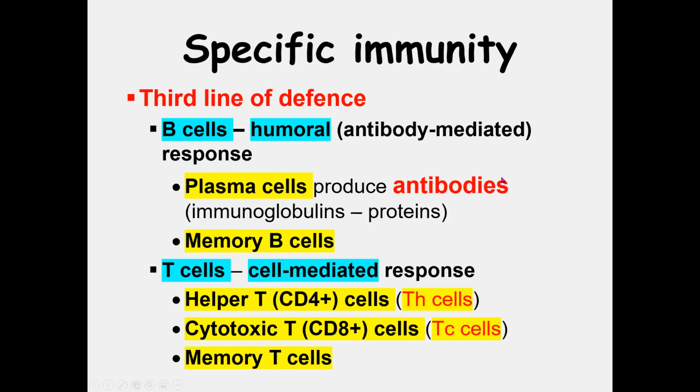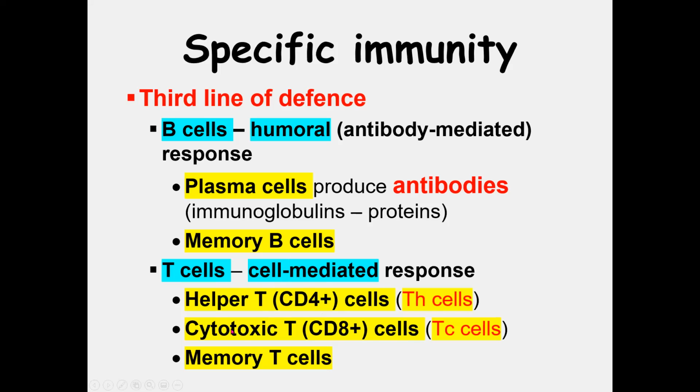But the antibodies are moved around in the blood, and that's why the blood, as we know, is a liquid, and that's why it's called a humoral response. On the other hand, the T cells' response is cell mediated, because they actually touch each other. They pass on a message through touch, and there are three of them.